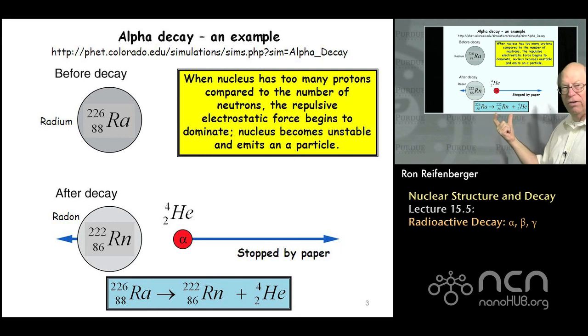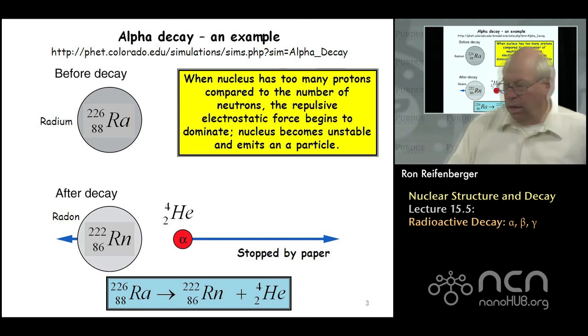So this is a characteristic equation that describes this decay, and it's important for you to understand how to construct these equations, and in particular, how to verify that an equation that's given to you is in fact valid. And the way you do that is, again, just by summing the protons on the right. That's got to equal the protons on the left. And the total number of nucleons on the right has to equal the total number of nucleons on the left.